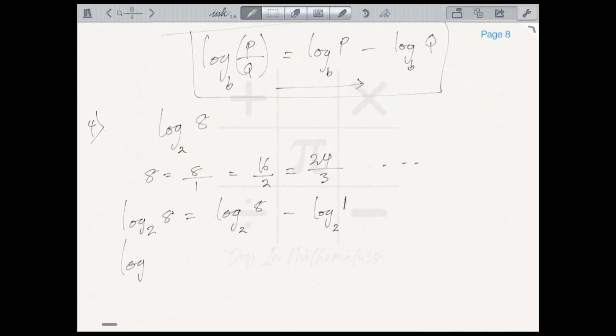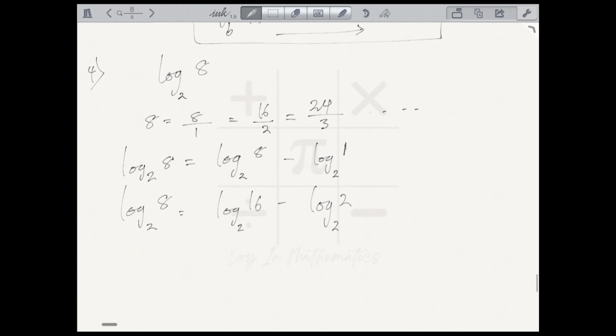Also, we can rewrite log 8 to base 2 as log 16 to base 2 minus log 2 to base 2. In the same vein, we can rewrite log 8 to base 2 as log 24 to base 2 minus log 3 to base 2.